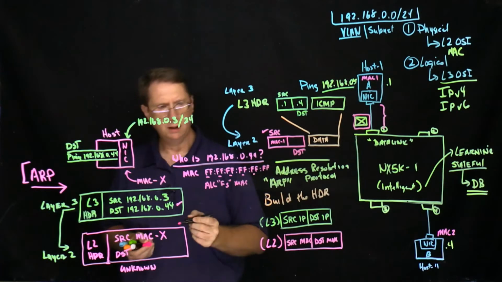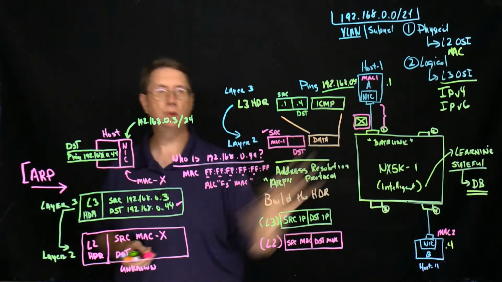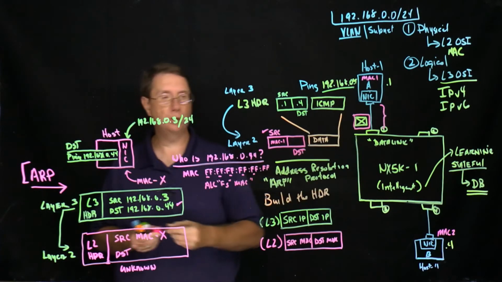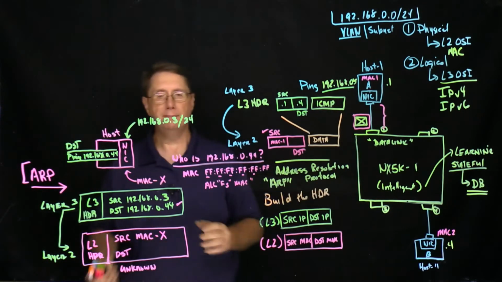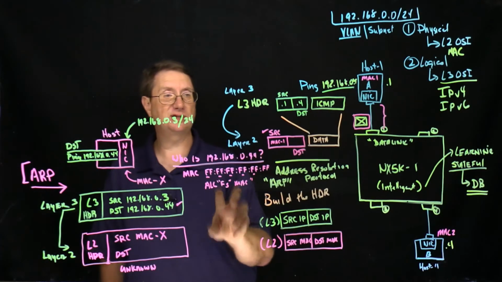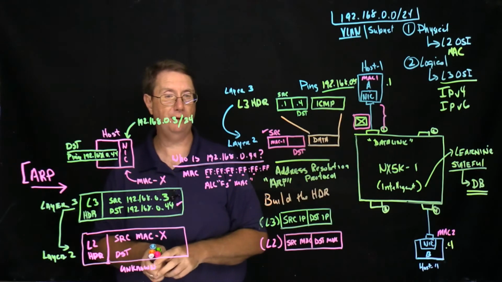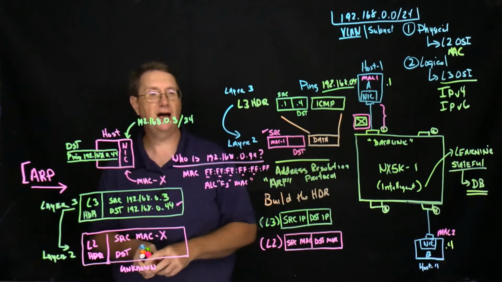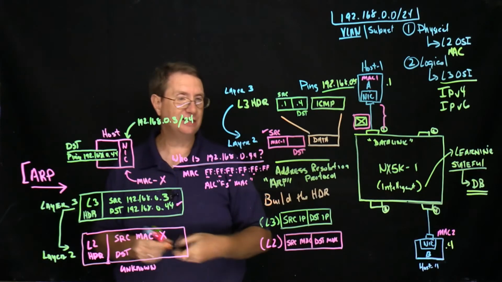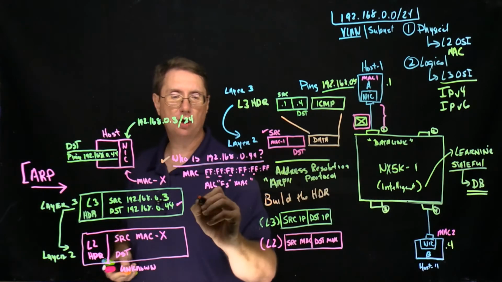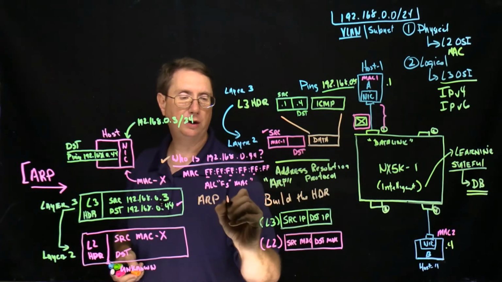Now, the all Fs MAC address will be treated by the switch in a special way, and we're going to get into that right now. But ultimately what's going to happen is the data that I need to send, the ping, is going to get parked for a temporary period of time until I receive an answer to this message, which is called an ARP request.